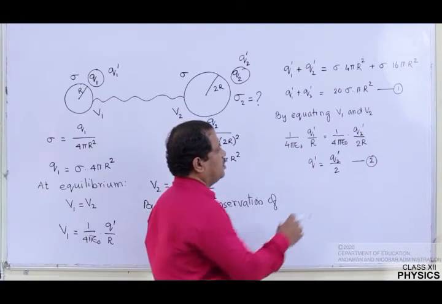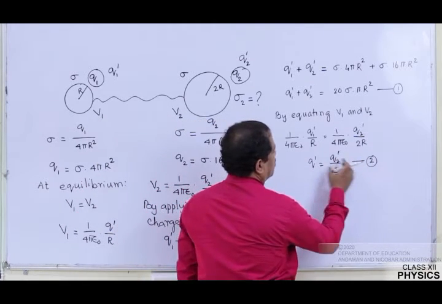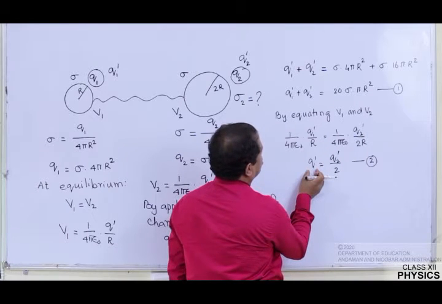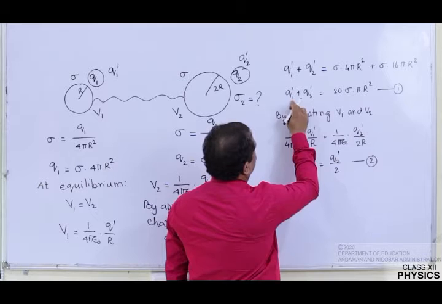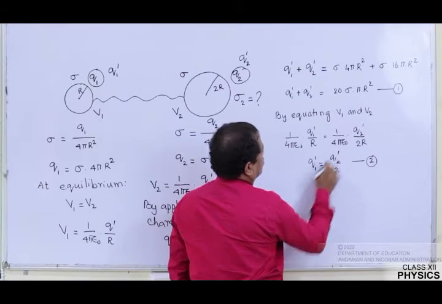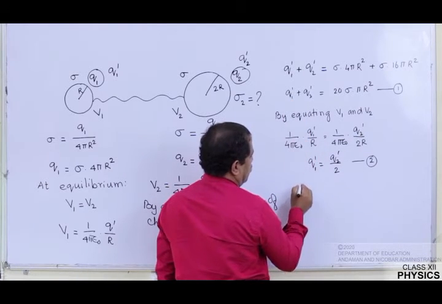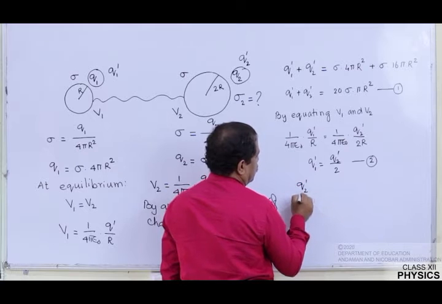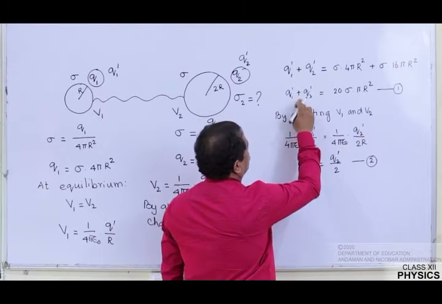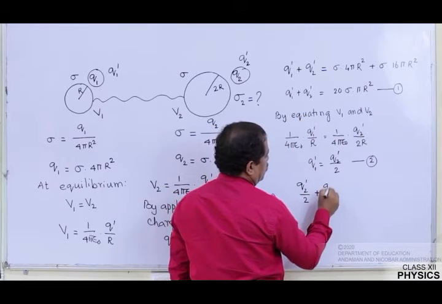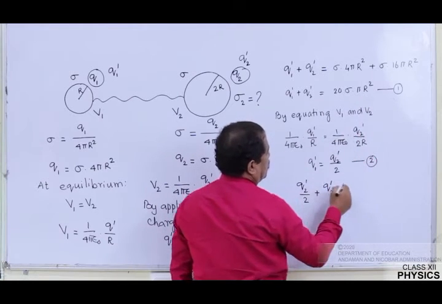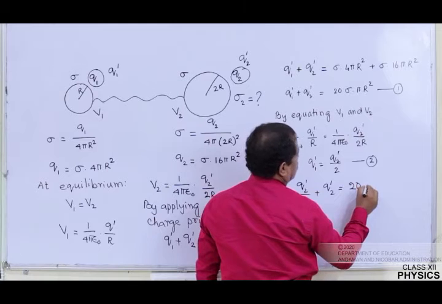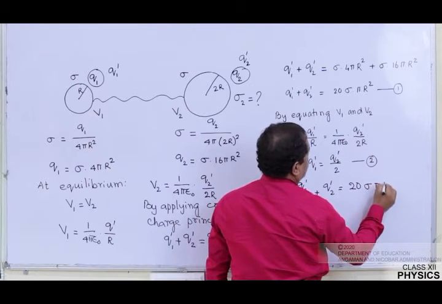So to calculate q2 dash, I am going to substitute the value of q1 dash by this, and therefore I have q2 dash by 2 plus q2 dash is equal to, that is substituting 2 in 1, 20 times sigma pi r square.